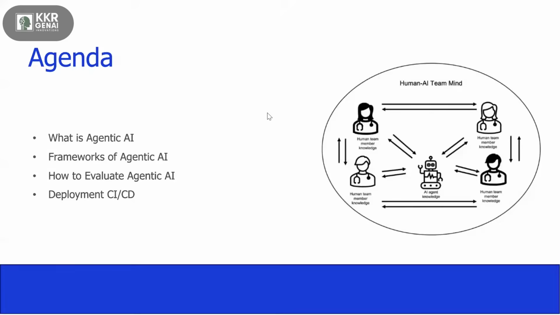So we'll go with this agenda: what agentic AI is, the frameworks of agentic AI, how to evaluate agentic AI, and deployment with CI/CD. If you have any messages in between, please feel free to message in the chat room so that we will try to address you once the session is completed.